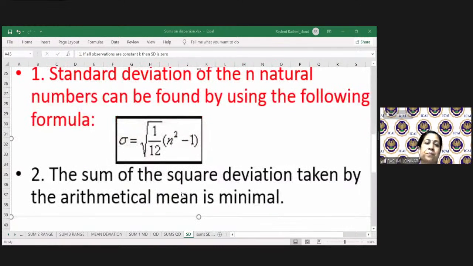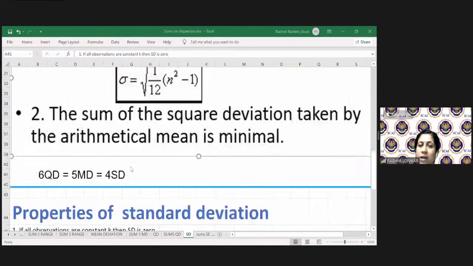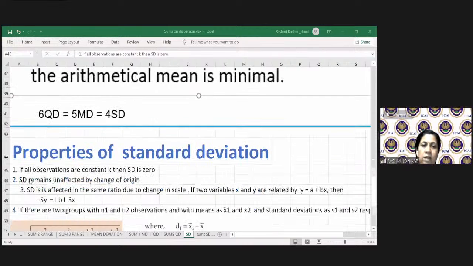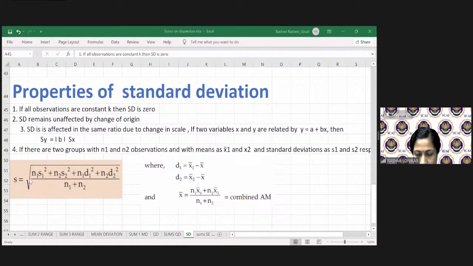Then the sum of the square deviations taken from the arithmetic mean is minimum. The another important formula is 6 times QD is equal to 5 times MD is equal to 4 times SD. Okay. Now let us come to the properties of standard deviation.